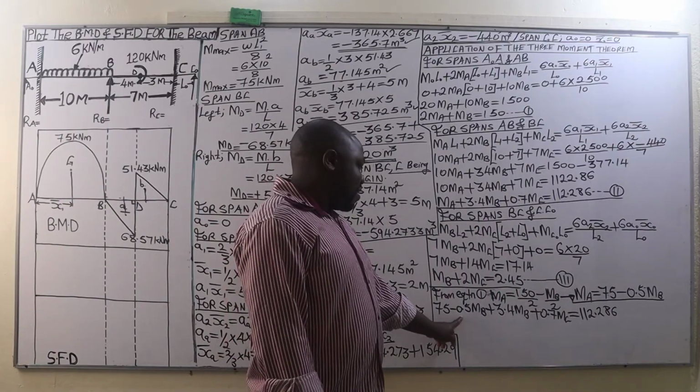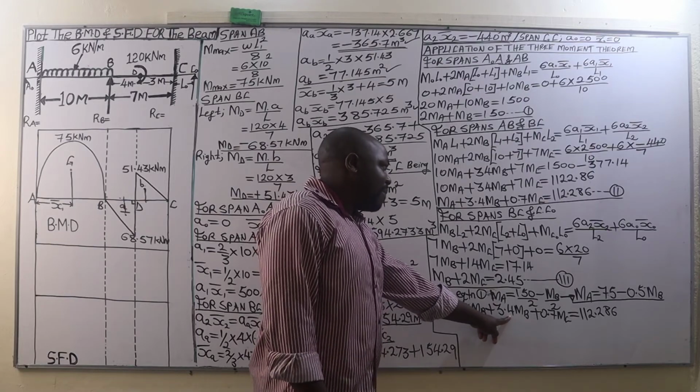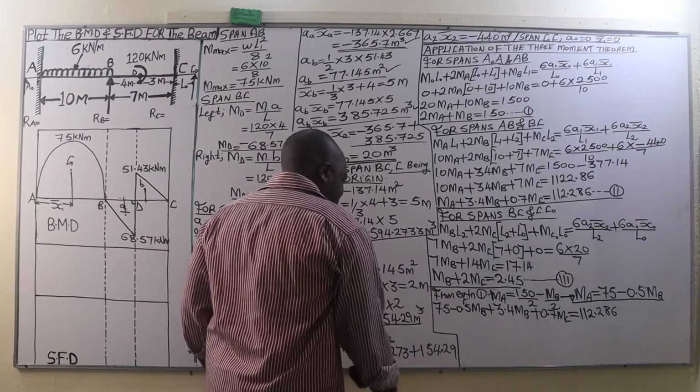So we got minus 0.5 plus 3.4, that is 2.9.